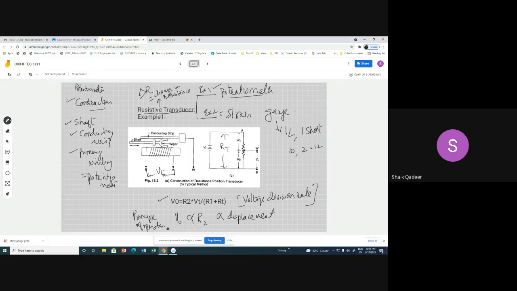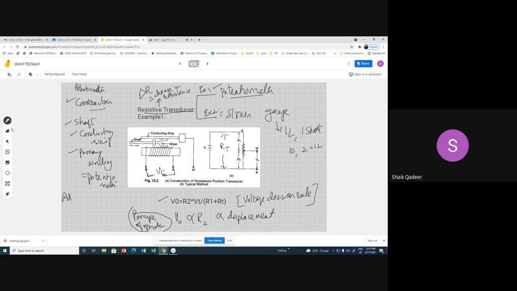After writing this, the output equation, please write down: the output is directly proportional to the position of wiper, that is displacement.